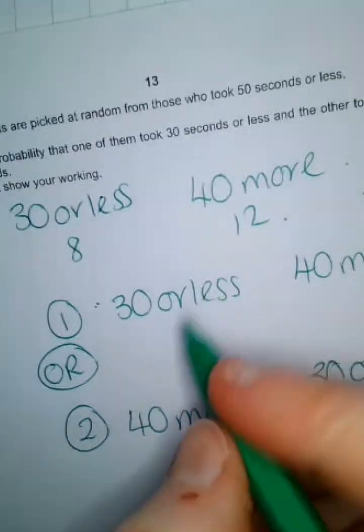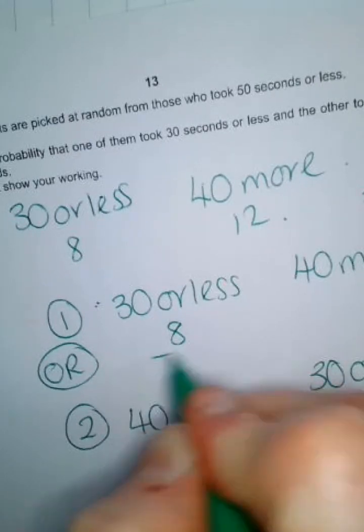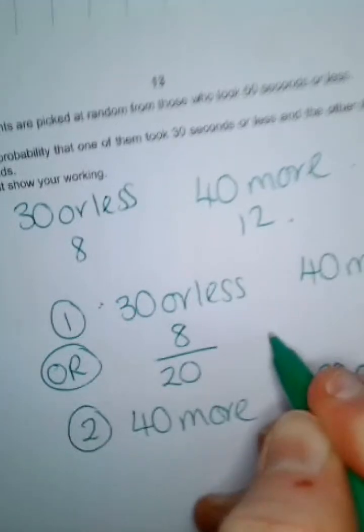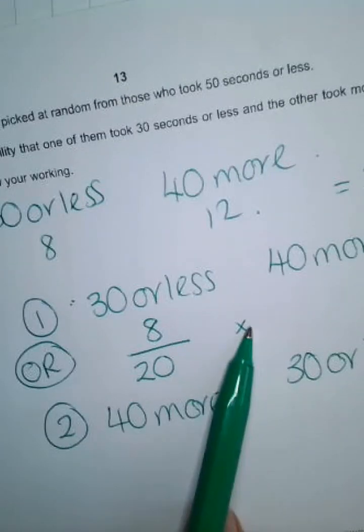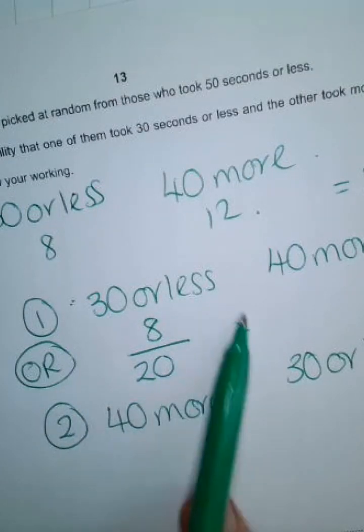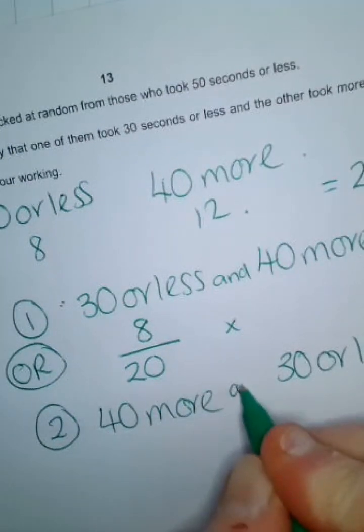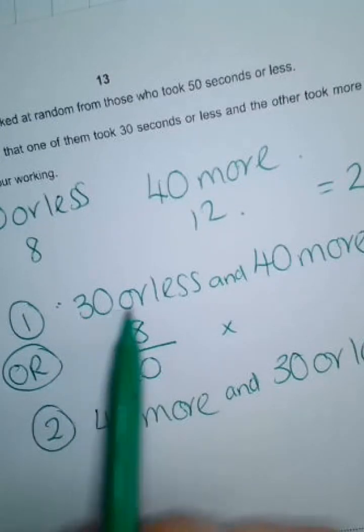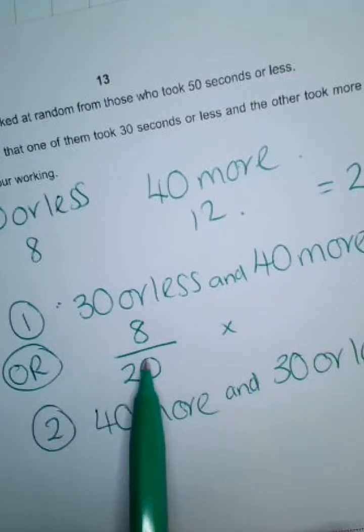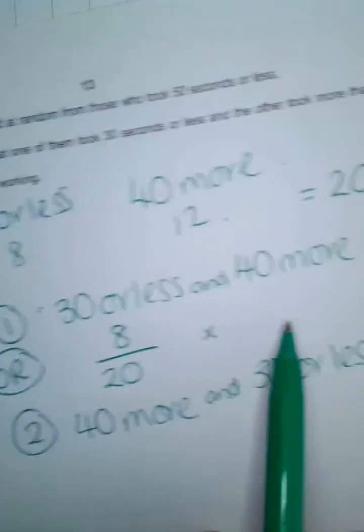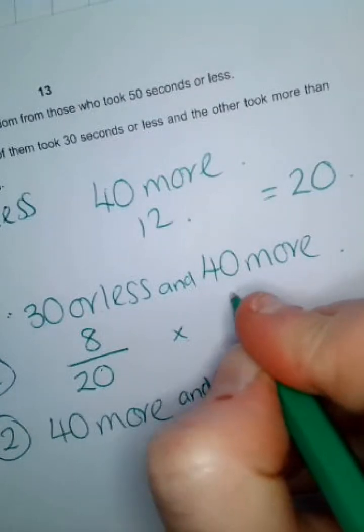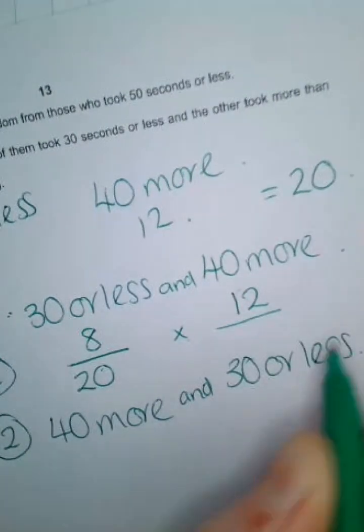So in the first one, I've got 8 people out of 20. And this is an and bit here, so it's going to be a multiply. So 30 or less and 40 or more, so 8 over 20 multiplied by the 12, so there's still 12 students.